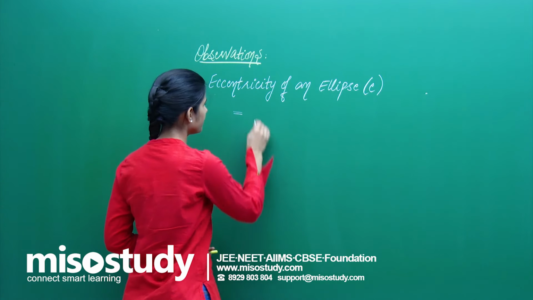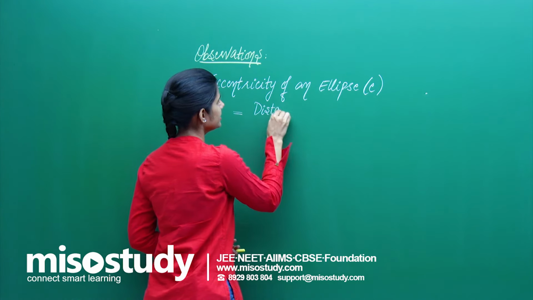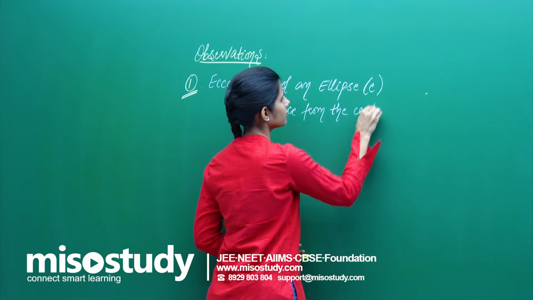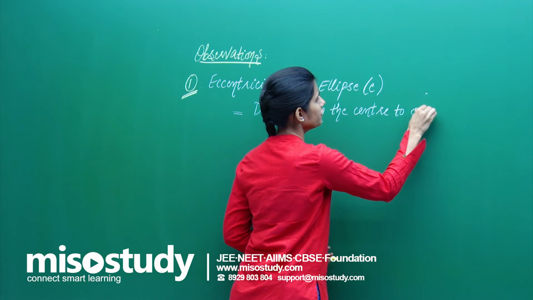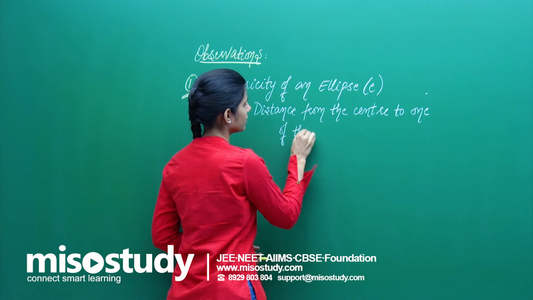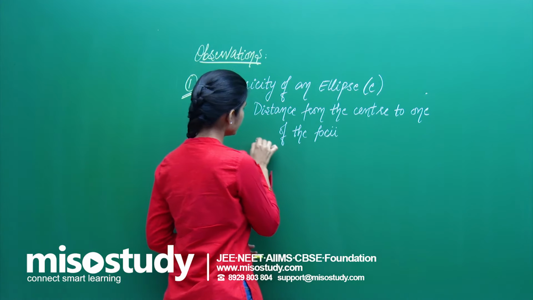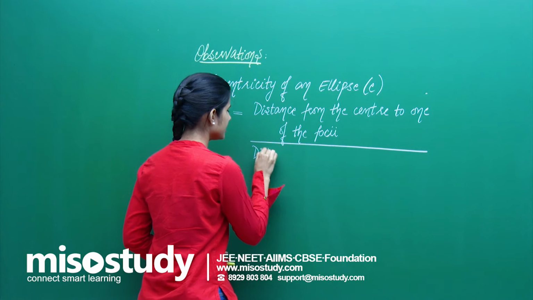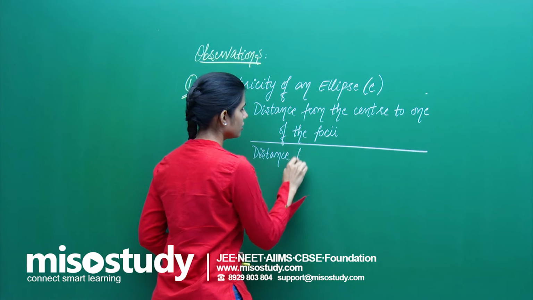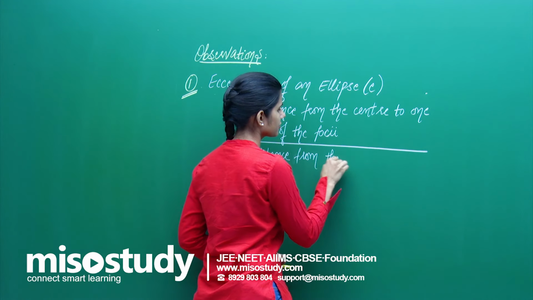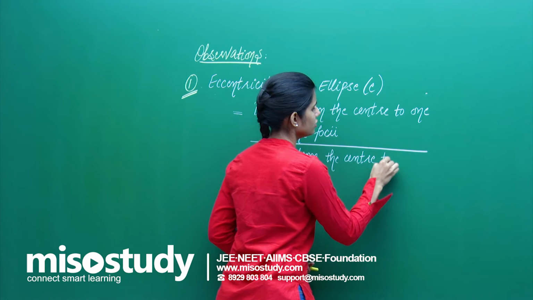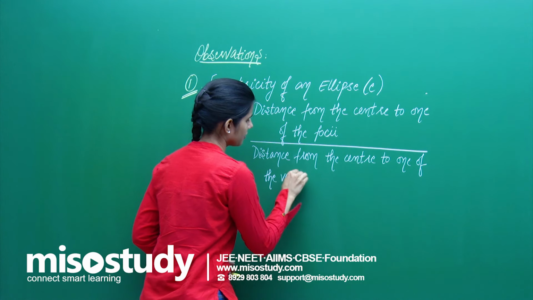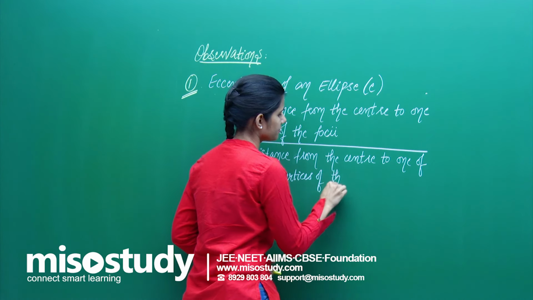It is the ratio of the distance from the center to one of the foci upon the distance from the center to one of the vertices of the ellipse.